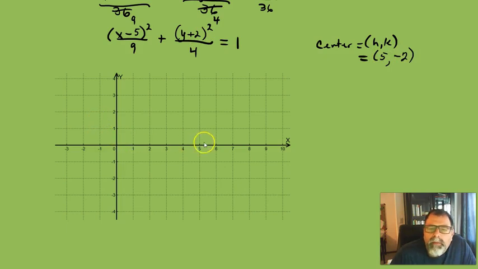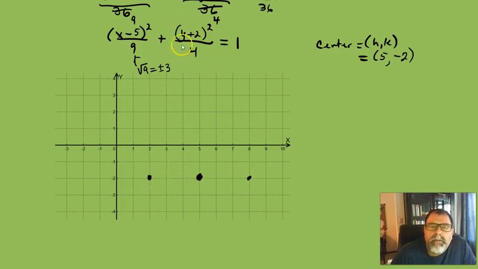So we're going to go plot that. 5, negative 2. Under the x, right, we're going to square root that number. So we're going to do plus or minus 3 in the x direction. So plus 3, minus 3 from the center in the x direction.